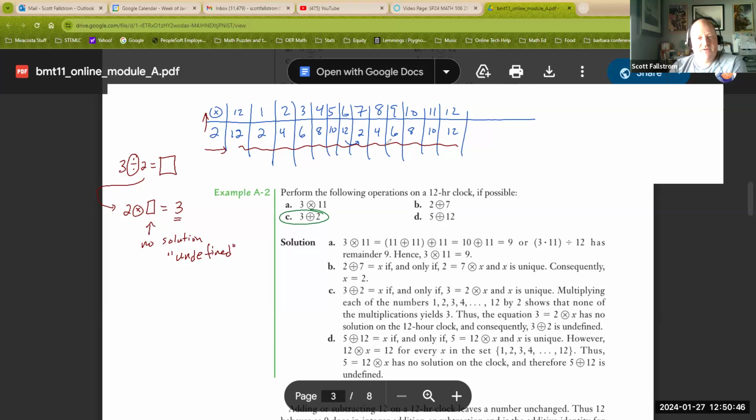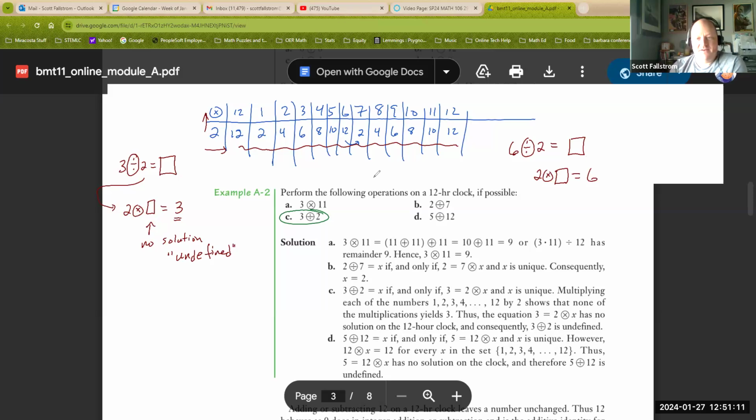Let's try another one. What if I pick a number that is here? Aha, here we go. 6. And I say, what is 6 divided by 2 in a clock? And you would say, no problem. Well, 6 divided by 2 is some answer as long as 2 times that value gets me to 6.